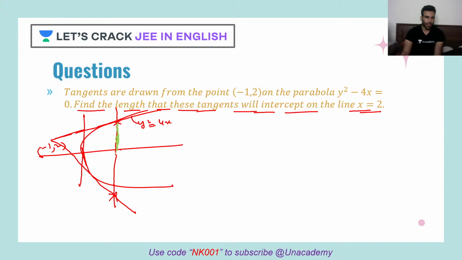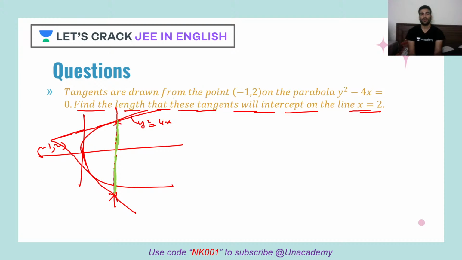Now tell me, how would you solve this question? Again, for this question also I have multiple approaches, but I want you to think before starting with your pen and paper. How would you do that?